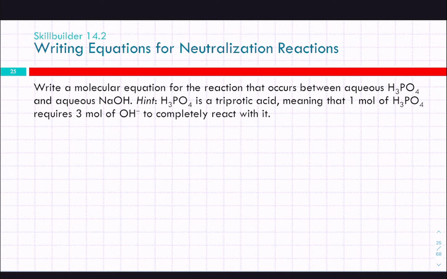We're given here the starting reactants in the word problem. So write a molecular equation for the reaction that occurs between aqueous H3PO4 and aqueous sodium hydroxide. So, right, this is the reaction between this and this. So we write out this molecular equation.